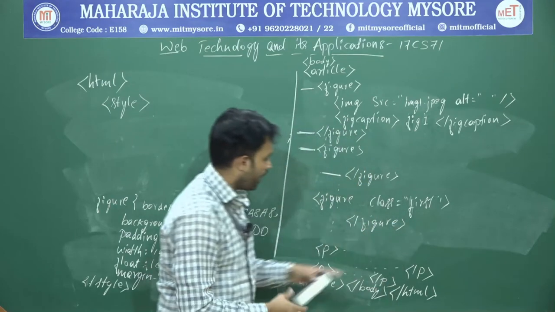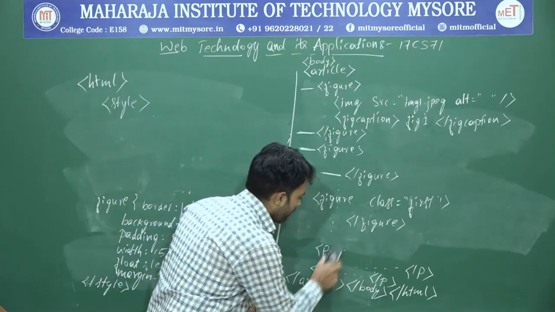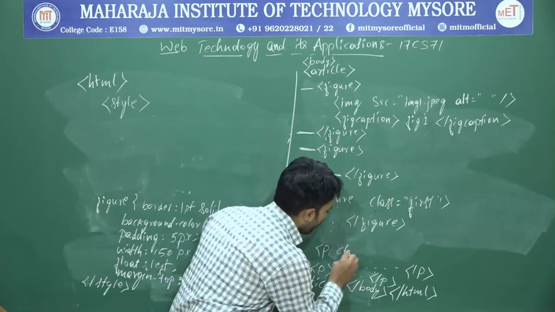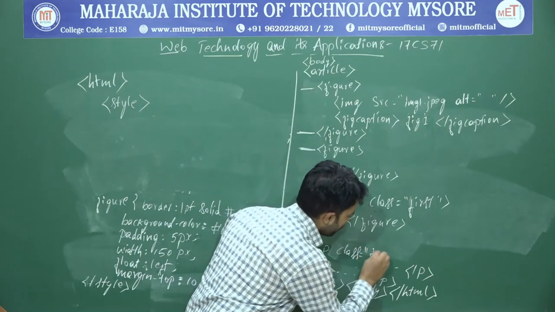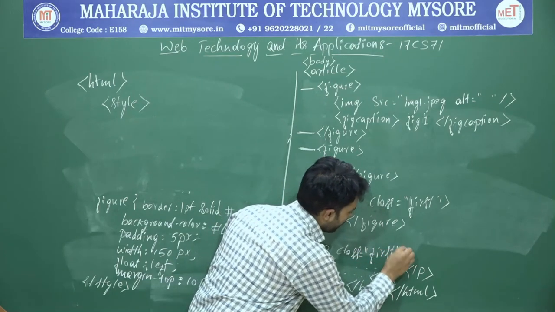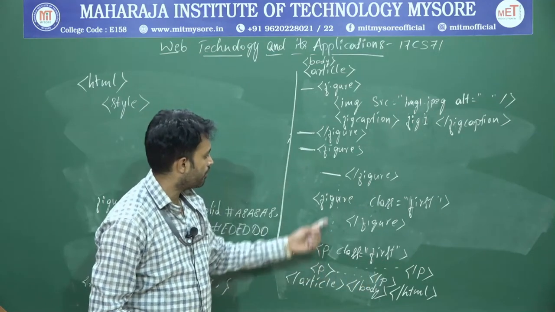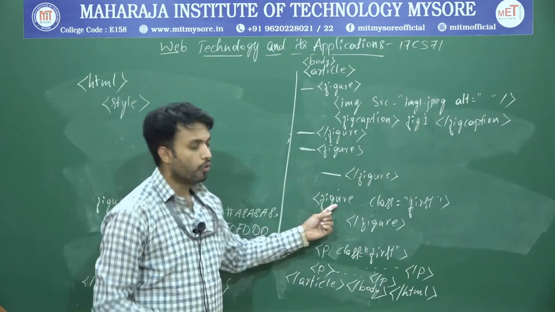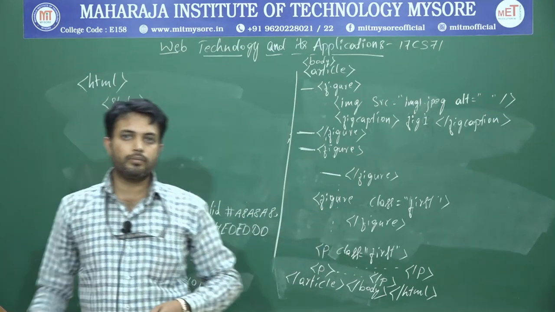After that we had 2 more figures, and again for the first paragraph, I am going to write class equals within double quotes, first. So this is the class name I have given for the paragraph as well as this fourth figure. Now if I run the program.